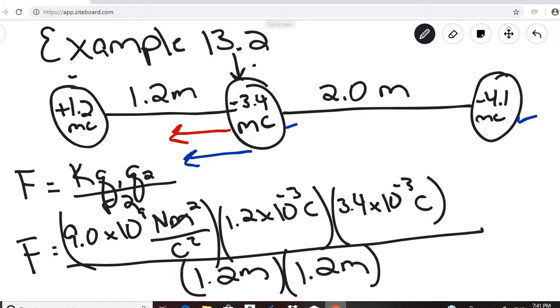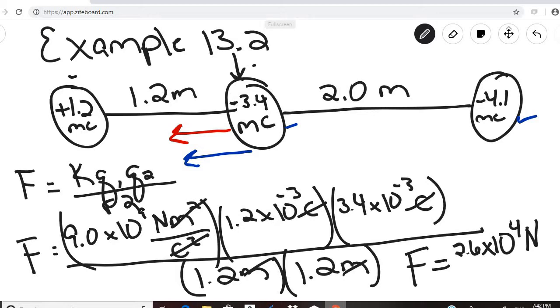Meters are going to cancel, coulombs are going to cancel, we'll be left with F. When we do the math, F will be equal to 2.6 times 10 to the 4th newtons.